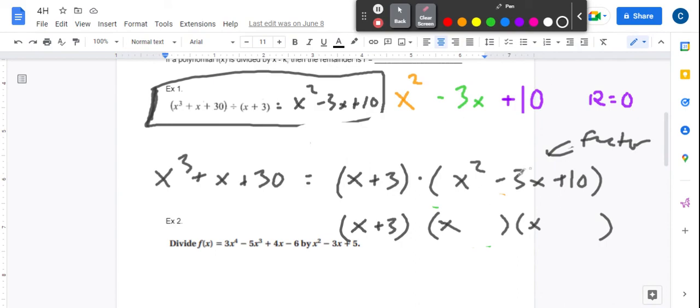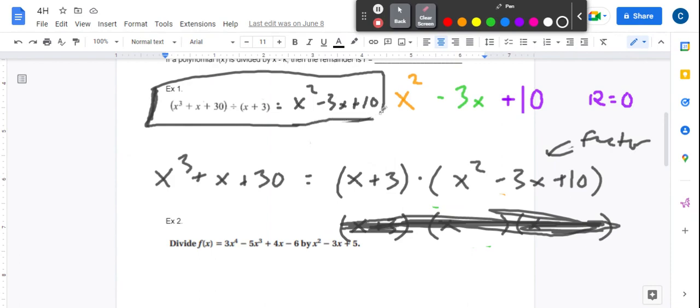All right, we could try to factor this, although we can't because there's no two numbers that multiply to 10 that add to negative 3. So we can't. But there's a possibility that we may be able to factor some of these things. If we can't, it's not really a big deal. The whole purpose is to learn how to do this long division here.